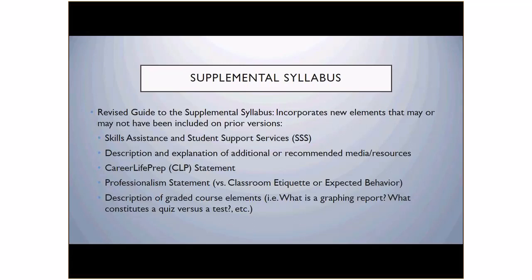Skills assistance is additional time that we make ourselves available to our students to provide assistance. For the full-timers in the room, that's built into your contracts. For the adjuncts in the room, because you're on campus, you're able to provide students with additional assistance. So we are asking you to separate those two: the hour required, which is SSS, and skills assistance, which is when you're also available.